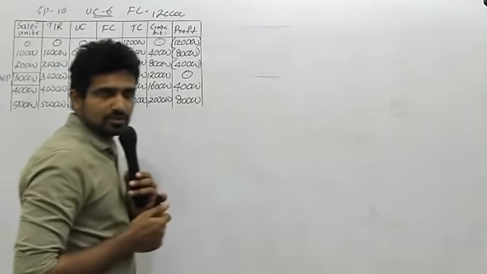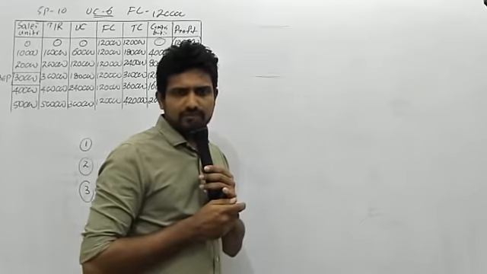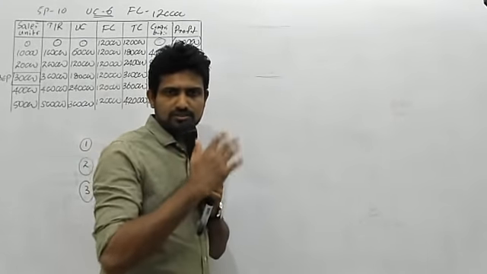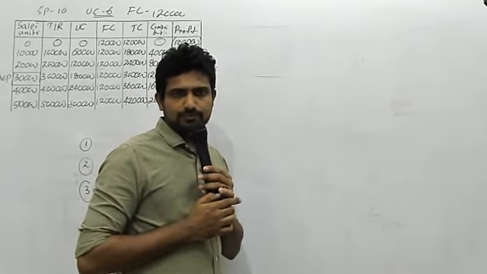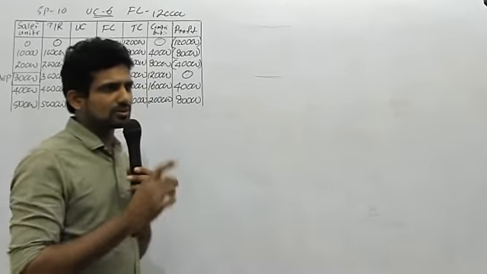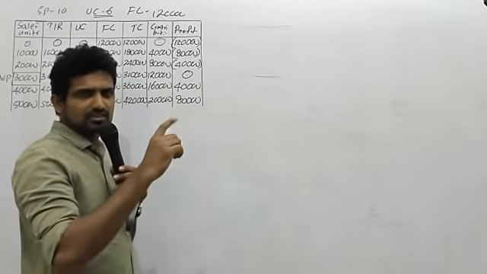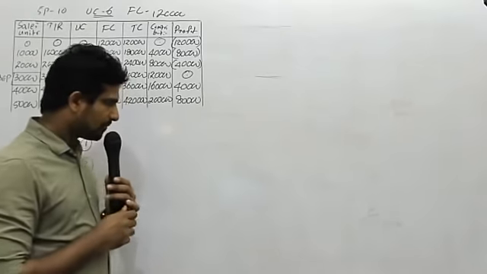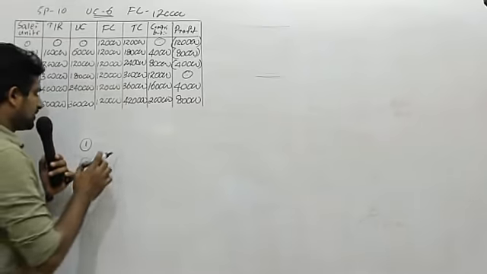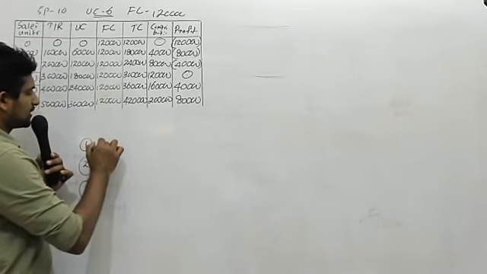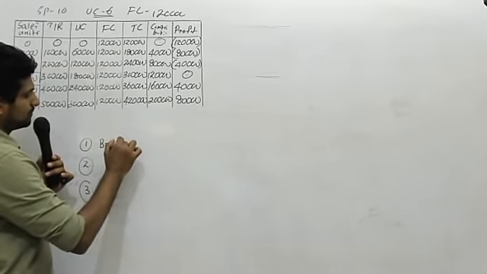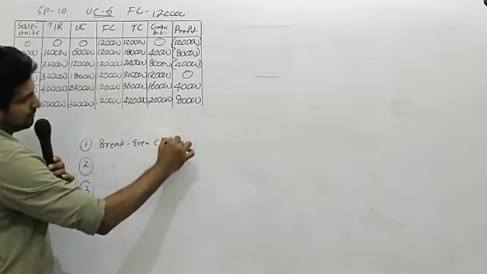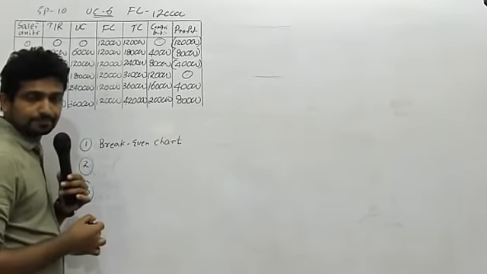So when you go to the CVP analysis, there are three diagrams or graphs which you can draw. All are straight lines, not curves. No curves there. Number one, break-even chart, or break-even diagram.